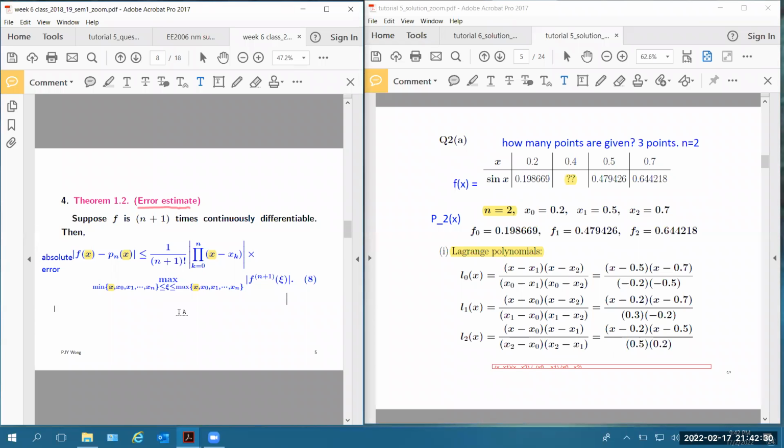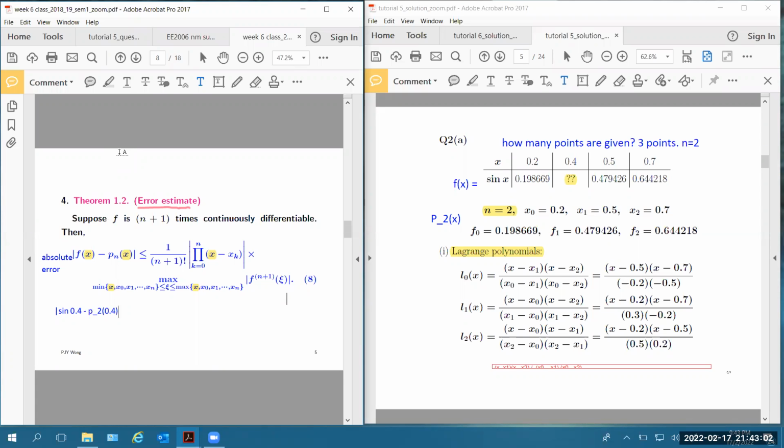Just write this down. So absolute value of f(x). We are looking at sine 0.4, meaning that the x value here is 0.4. That is the x value of interest. And then you want to minus off the absolute value of Pn(x). Now ours is P2 of x, and my x is 0.4.